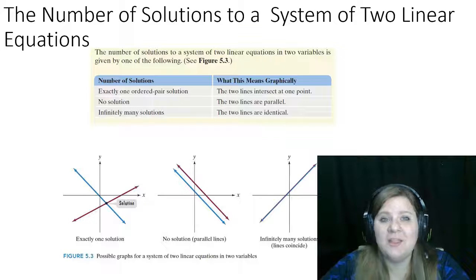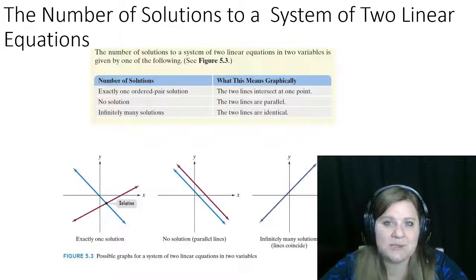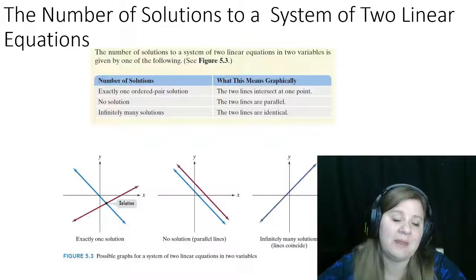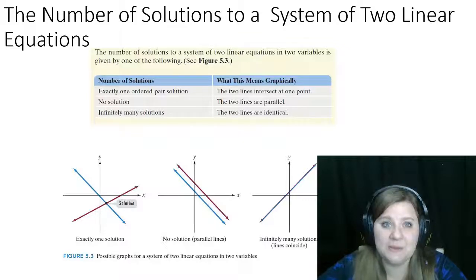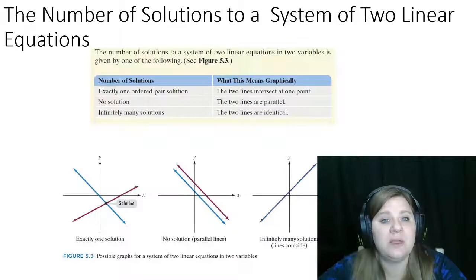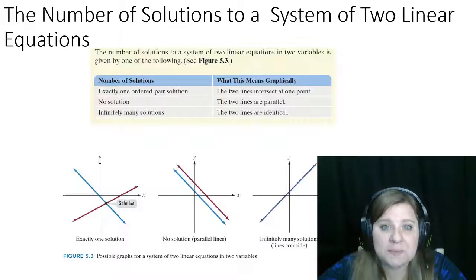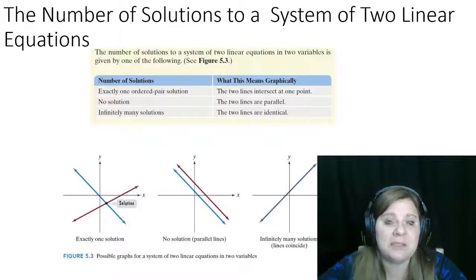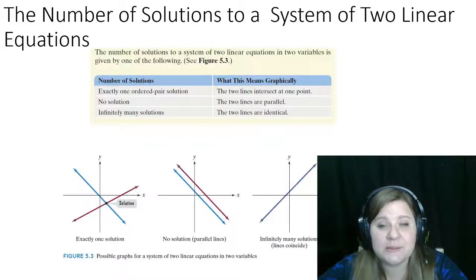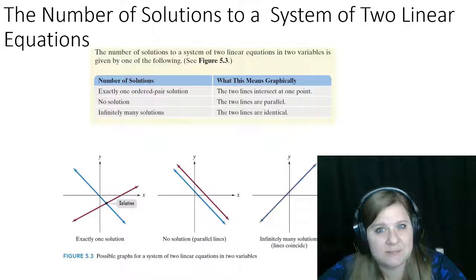Now, there are 3 situations you can have with linear systems. Okay? So it is possible that your 2 lines will intersect once, and that will give you one solution to the system. It is possible for your 2 lines to never intersect because they are parallel. That means there's no solution to the system.